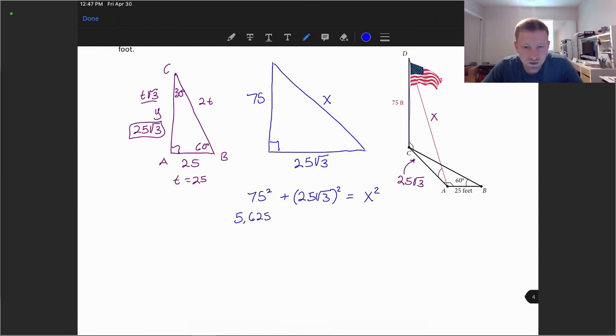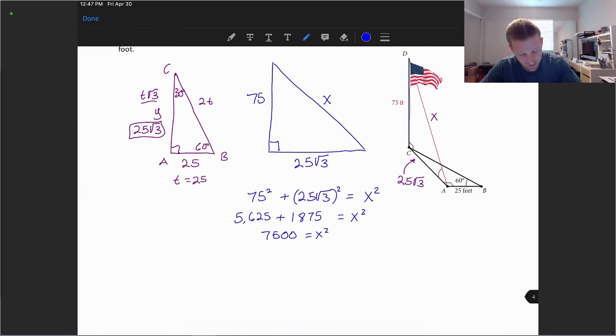If you multiply 25 times 25, that's 625, and then we also need to square the root 3. So all together there, when we square the second value, we'll get 1,875 equal to x squared. We can add these two numbers together to get 7,500 is equal to x squared.